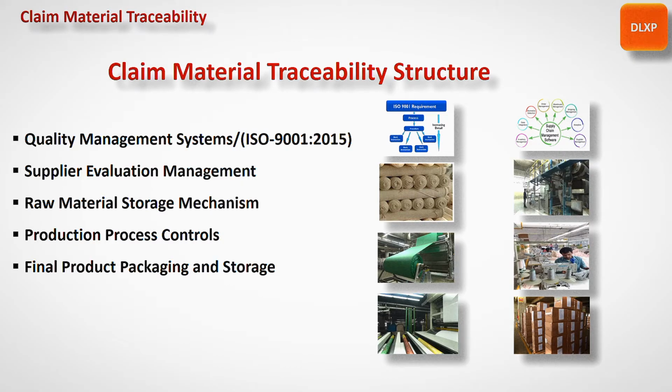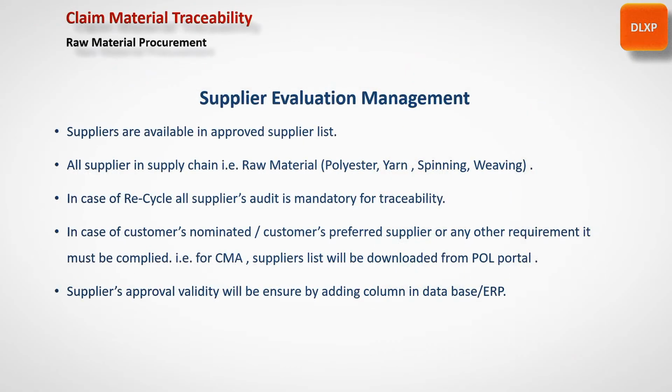Here we are discussing the supplier evaluation management, which is very important for the claim material traceability system. You should have an approved supplier list, first of all, covering all suppliers from raw material to packaging. All suppliers, that is polyester, yarn, spinning, woven, should be in a proper supplier list.